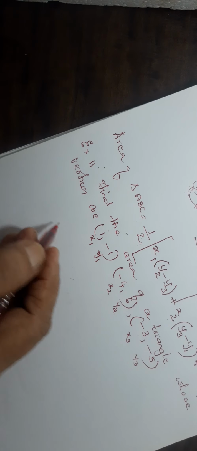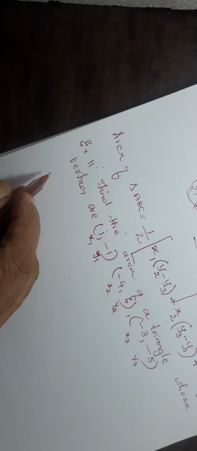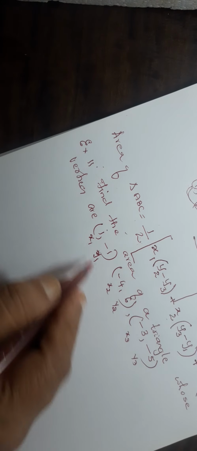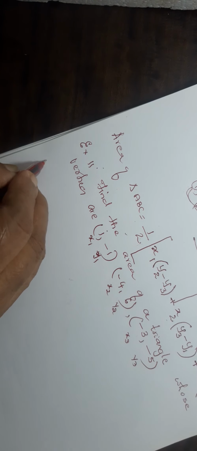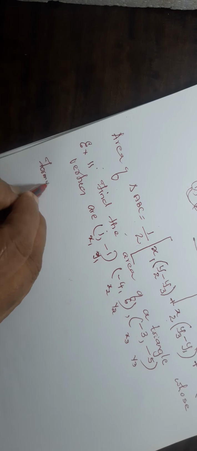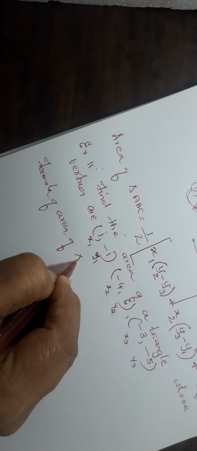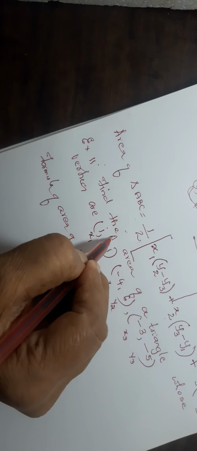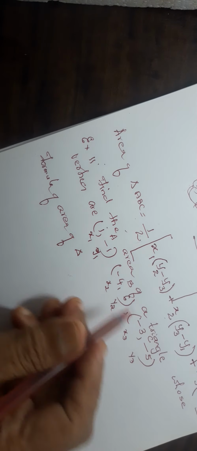Now see area, you have to write the formula first. When they give you a question like this, you have to write the formula. So formula of area of triangle. Now let us say this is A, this is B, this is C, or P, Q, R, whatever it is.